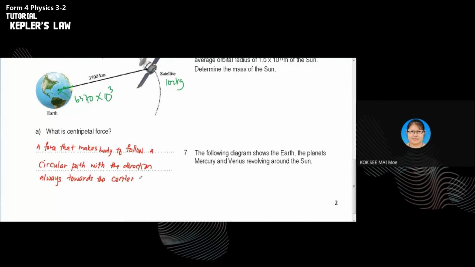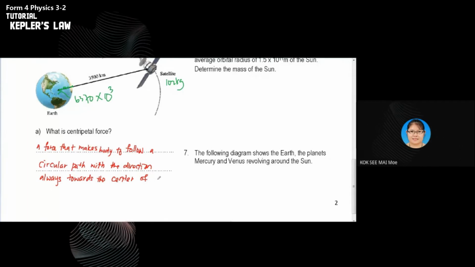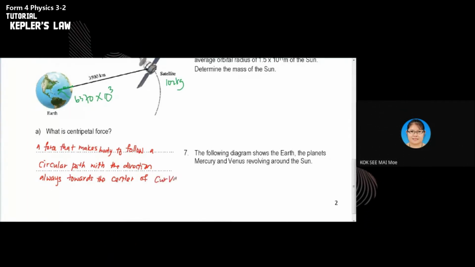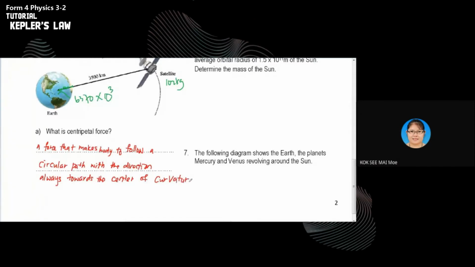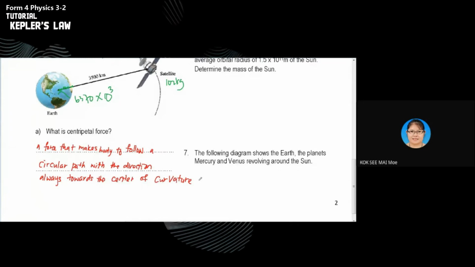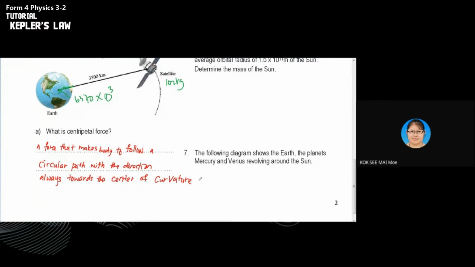Okay, not just Earth. Sun also has it. Center of curvature. So for anything circular, the force pulls and the direction goes there, we call it centripetal force. Sun also can, Earth also can.